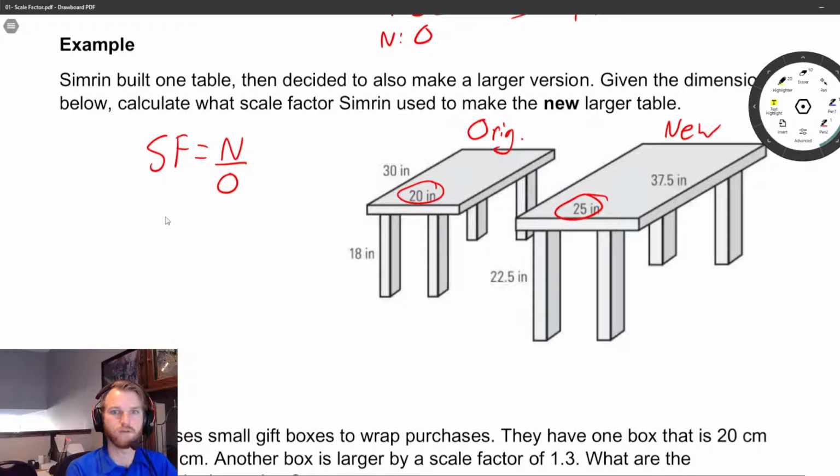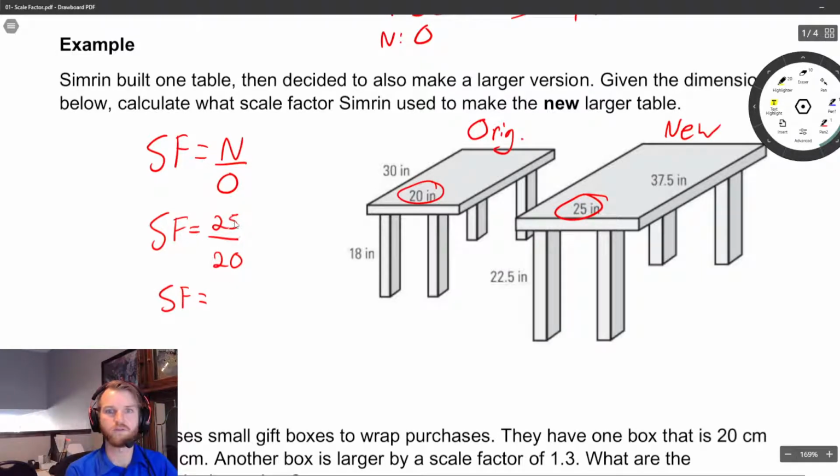So to find the scale factor, we're going to say the new side is 25 inches, divided by our original side, which is 20 inches. And then what is our scale factor? In our calculator, we'd say 25 divided by 20, which is going to give us, in decimal form, 1.25.